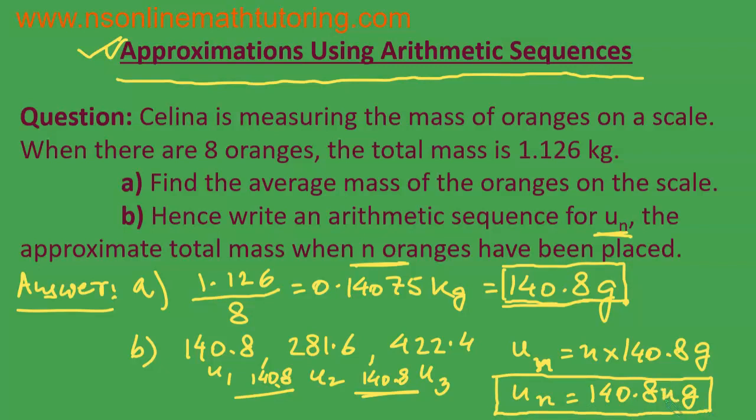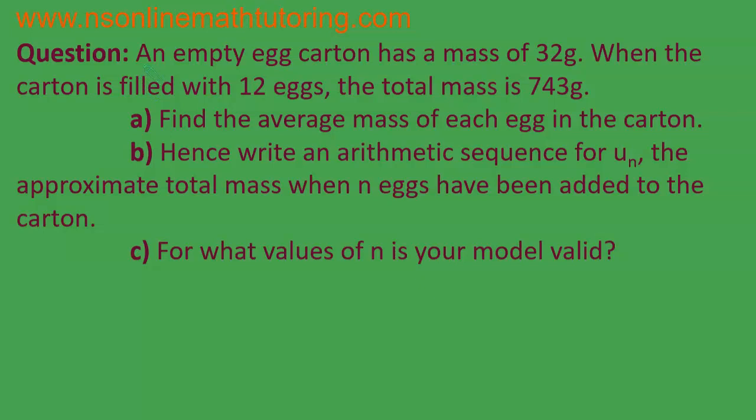Okay. This is n and this is grams. Don't take it as ng to be a new unit. No, grams. g stands for grams. And the value is 140.8 times n. Okay. So let us move on to the next question.